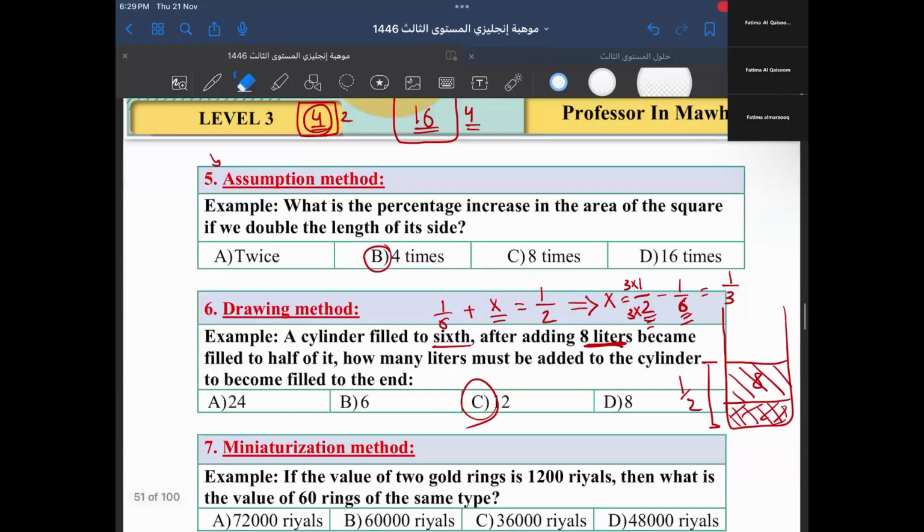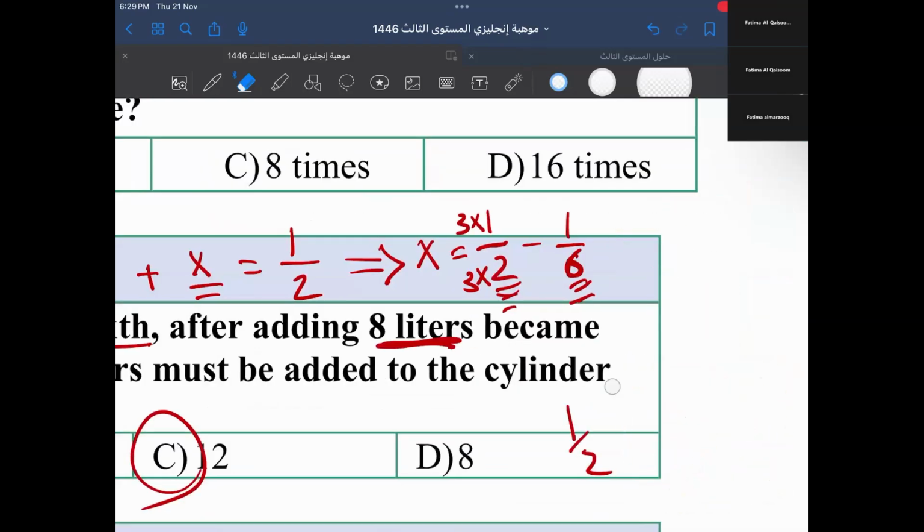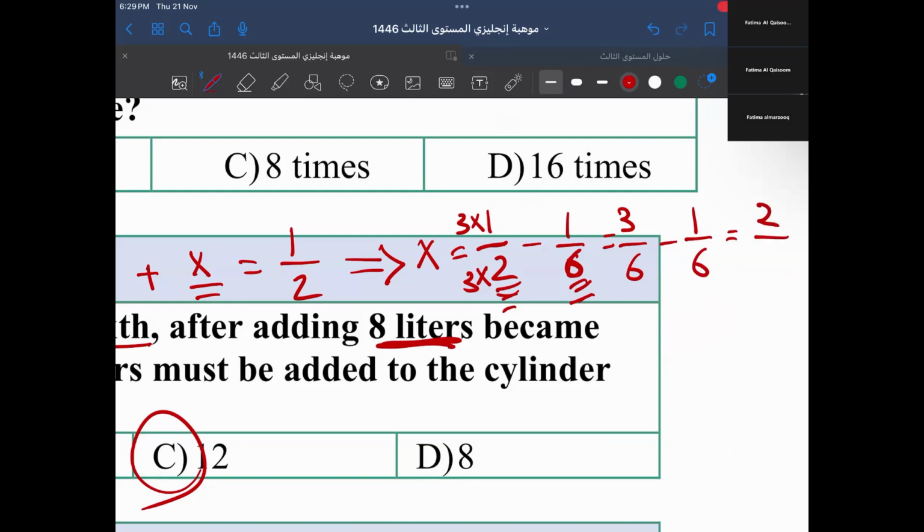So here what did we get? 3/6 minus 1/6, and it equals 2/6. Right? Okay, so I'm going to simplify it. So I can say that 2/6 equals 1/3.